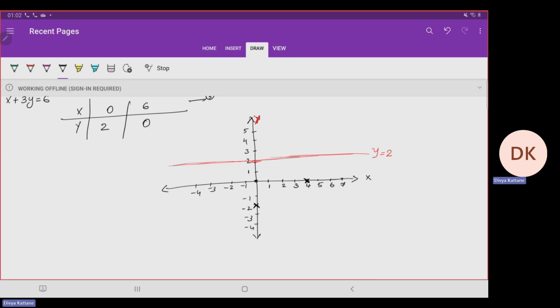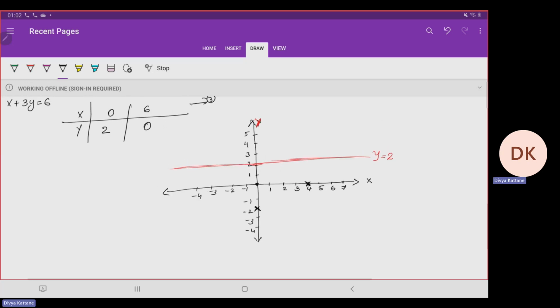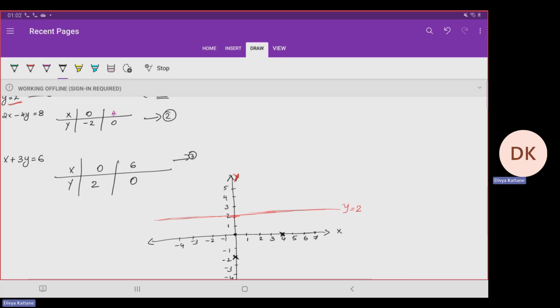So that is the line connecting (0, -2) and (4, 0). This is the line 2x minus 4y equal to 8.